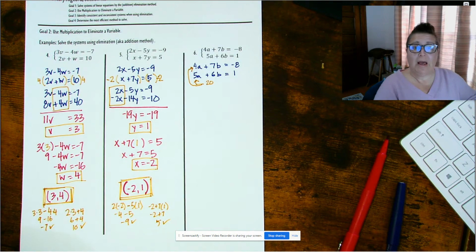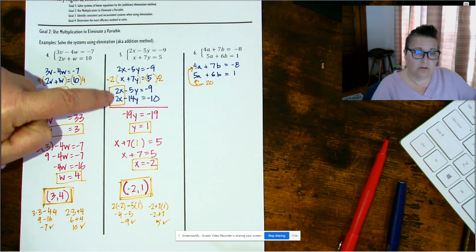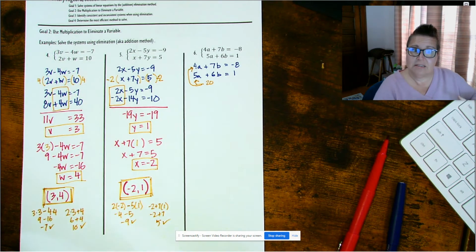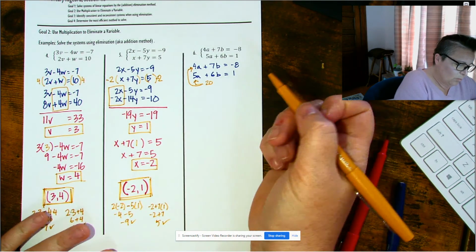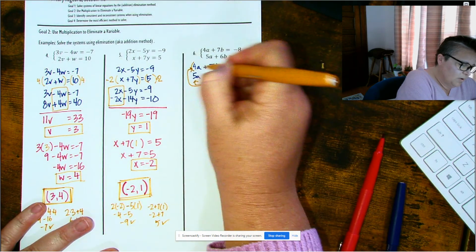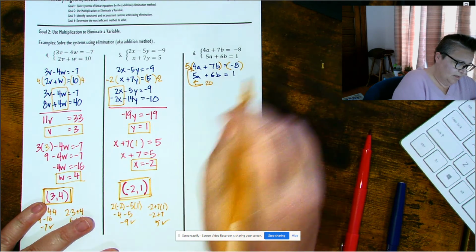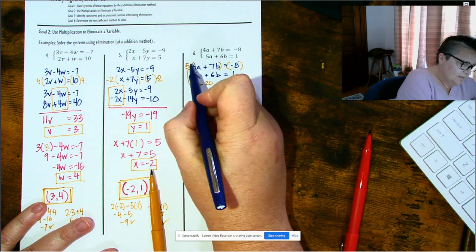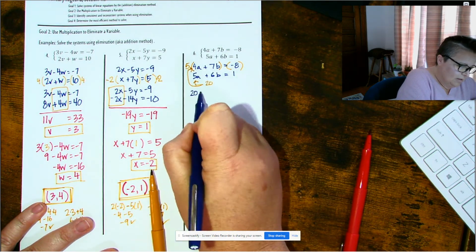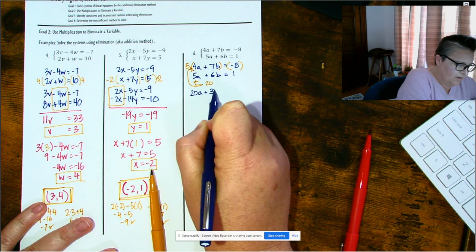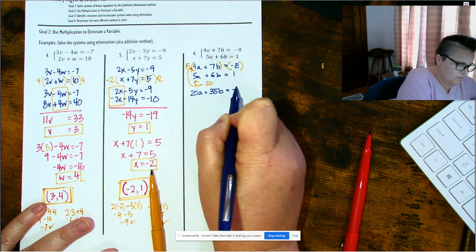I need one to be positive and one to be negative. So I'm setting up a situation like right here where they can cancel out. So what I'm going to do is multiply the top equation by 5 on both sides. That's going to give me 20a plus 35b is equal to a negative 40.